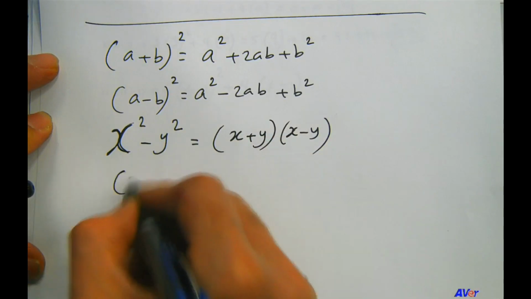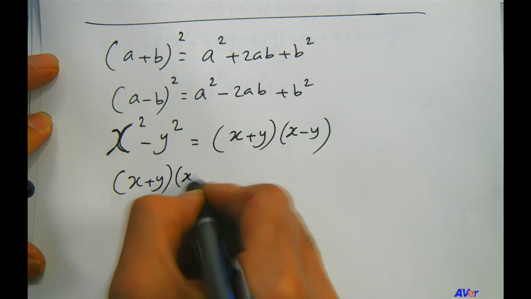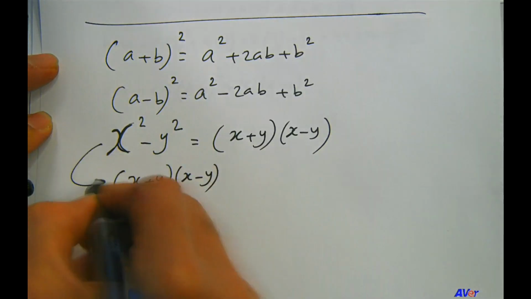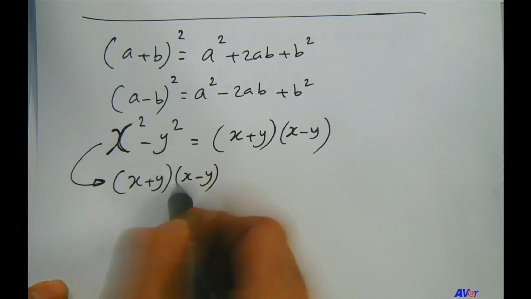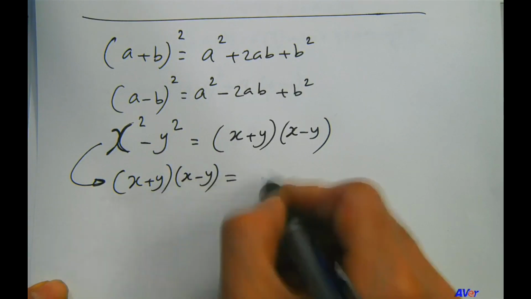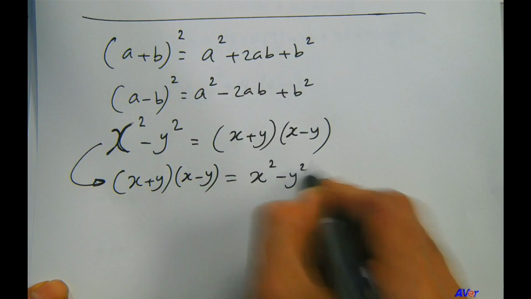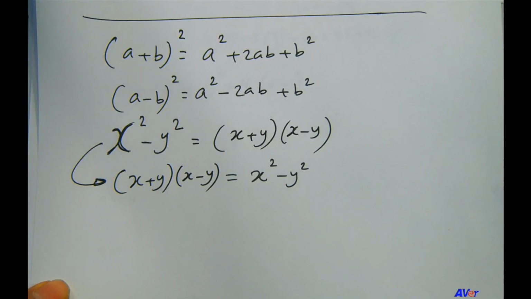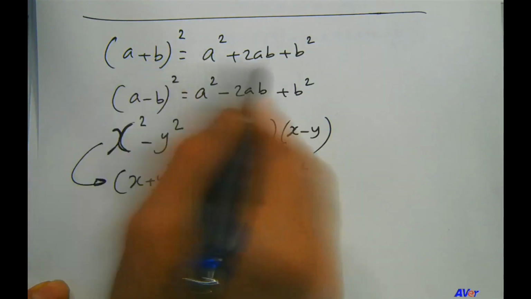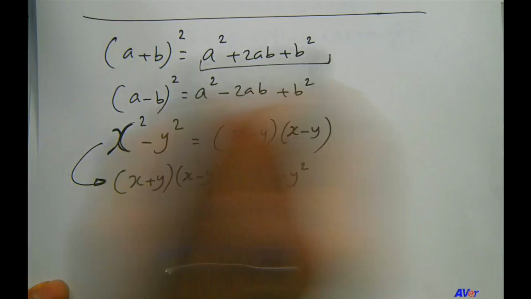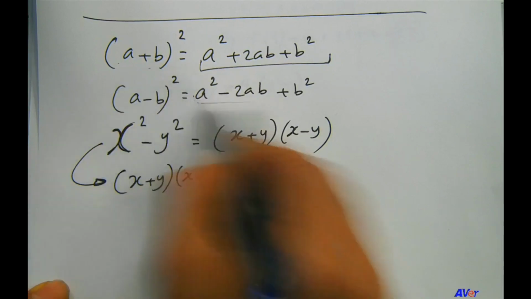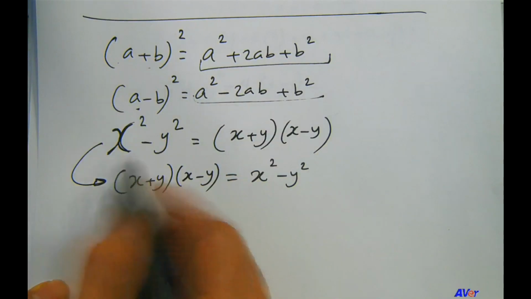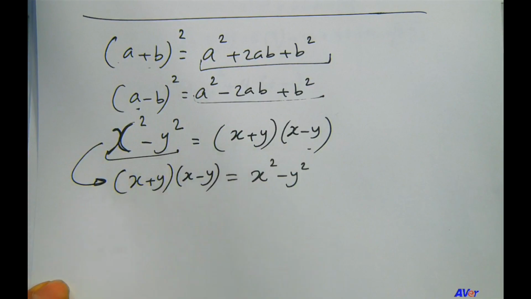Or if you have x plus y times x minus y, that's the same thing written differently. If you have that, it translates into this: x squared minus y squared. So all these equations go both ways. If you have that, you can write it in factored form like this. If you have that, you can write it in factored form like that. If you have this, you can write it in factored form like that.